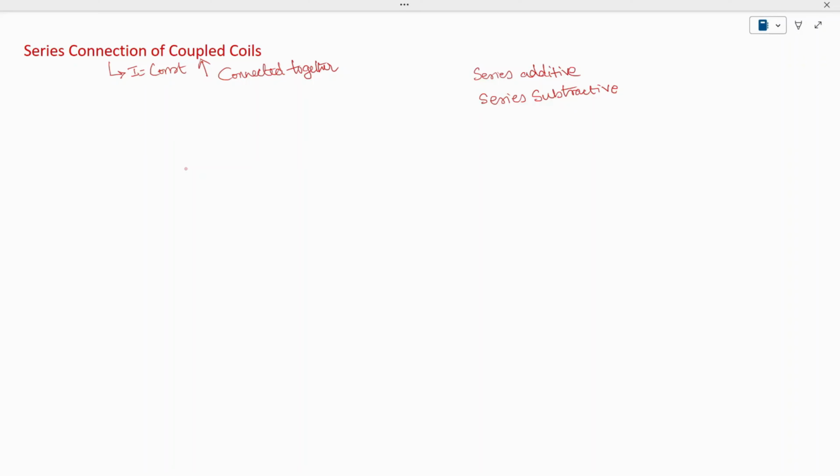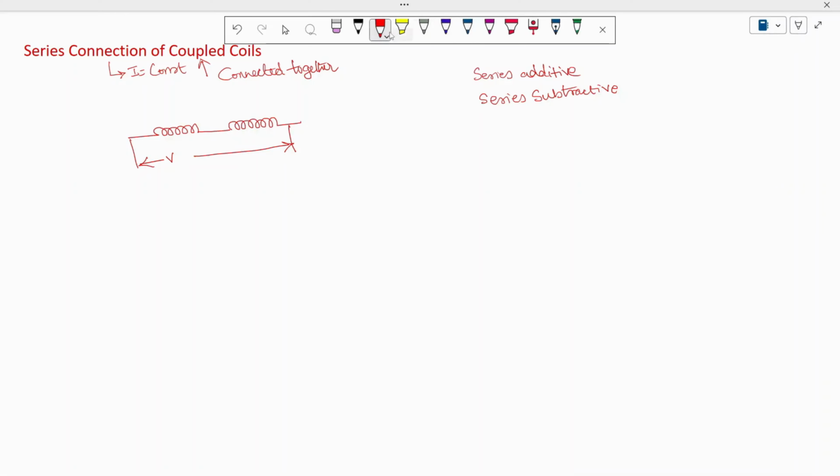Okay, so here I am considering one inductive coil. This is an inductive coil, and this is one more inductive coil. So let us try to understand. I am applying a voltage of V1 across this coil, and I'm labeling this inductor as L1 and this inductor as L2.